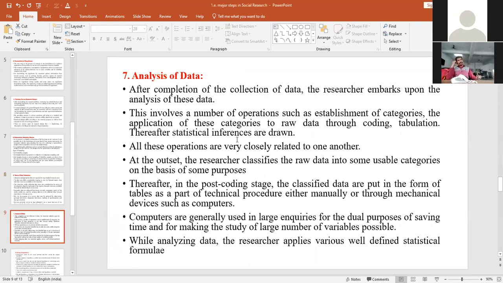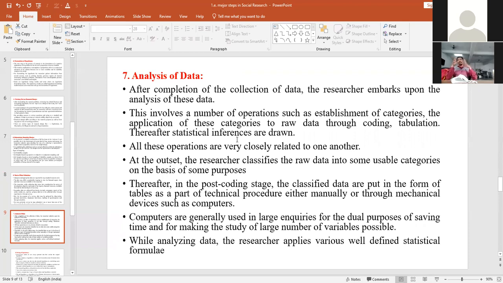And the next step of the research is analyzing the data. After completion of the collection of data, the researcher is to carry forward the analysis of the data. So the data analysis involves the various operations, such as the establishment of the categories, and application of various methods, and producing various tabulations, applying various codes.